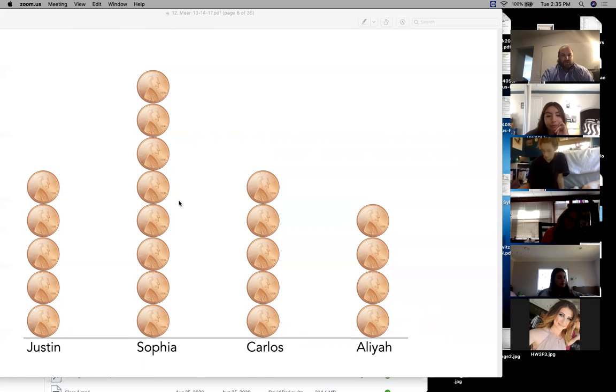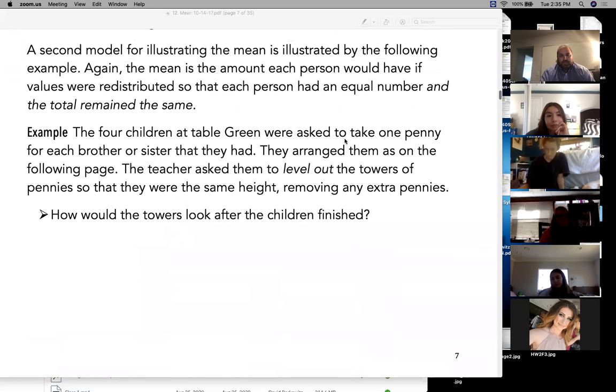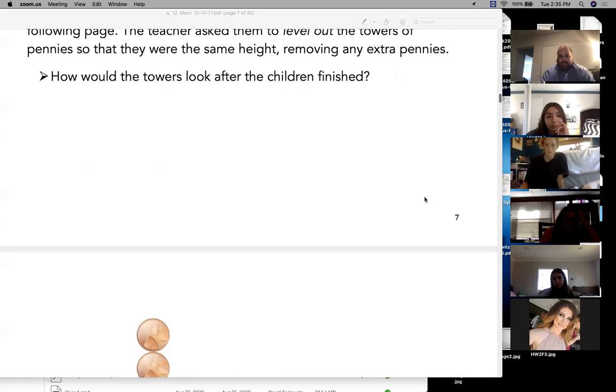Okay. So the students said, take 1 penny for each brother and sister and arrange them as in the following page. The teacher asked them to level out the towers of pennies so that they were of the same height, removing any extra pennies.